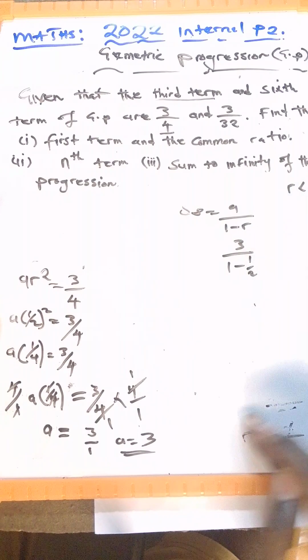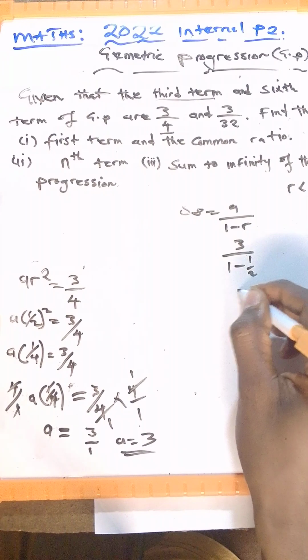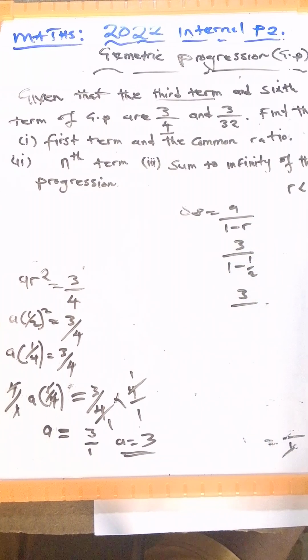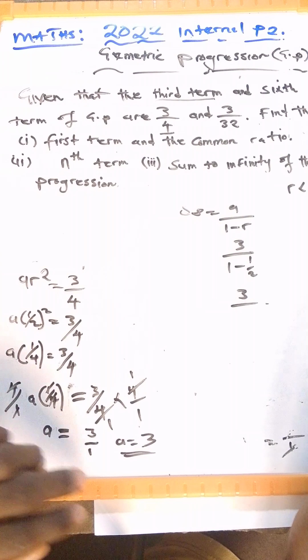And from here, we'll say 3 over 1 minus 1 over 2. So 1 minus 0.5, we're getting still 0.5.